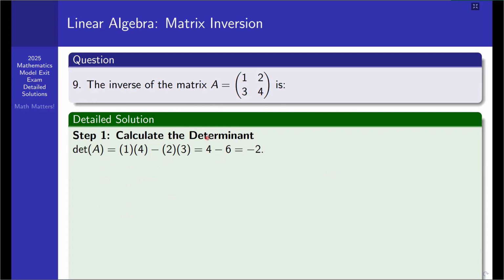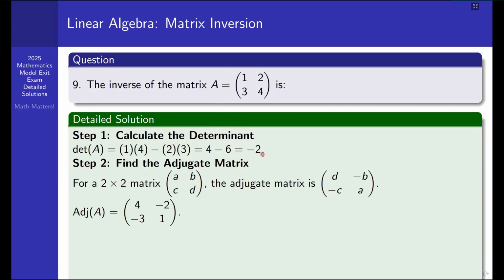Therefore, since it is a 2 by 2, the determinant is the difference between the products of the diagonal elements, so 1 times 4 minus 2 times 3, which is 4 minus 6, which is minus 2. It is different from 0, so the matrix is invertible.